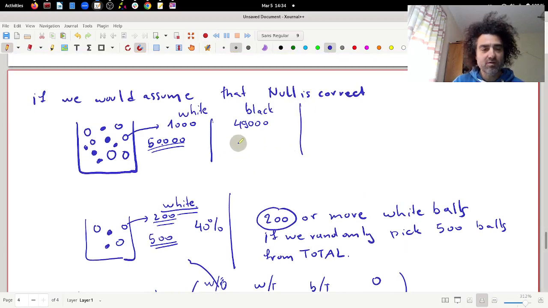While here in the total, the proportion of white balls, or of the genes that are linked to the term response to biotic stimuli, is 1000 out of 50,000, which is 1 out of 50, which is 2%.